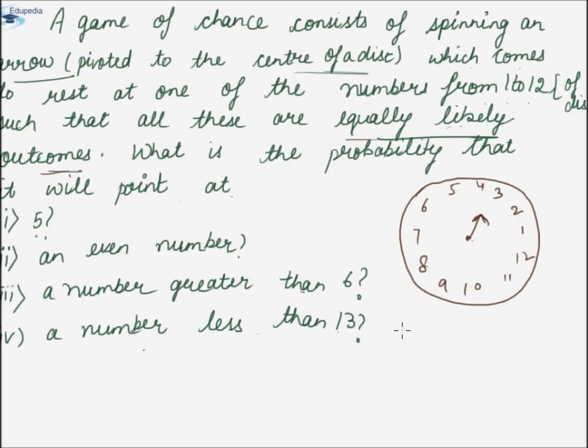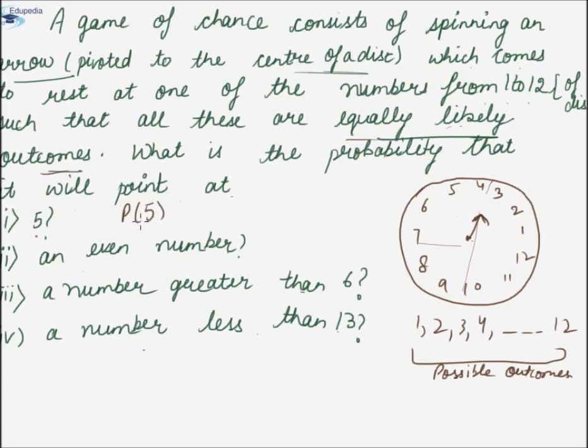So friends, consider that the arrow has come to rest, then it will come to rest pointing to any of these numbers. So the possible outcomes are 1, 2, 3, 4 and up to 12. So the probability that the number to which the arrow is pointing is 5 is given as number of outcomes favorable to 5.